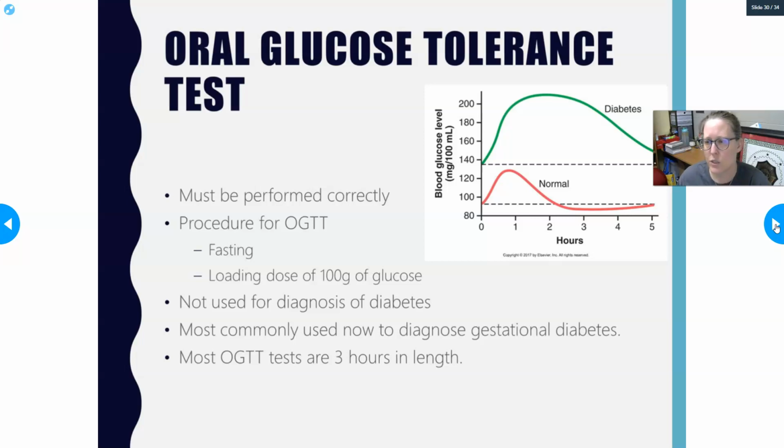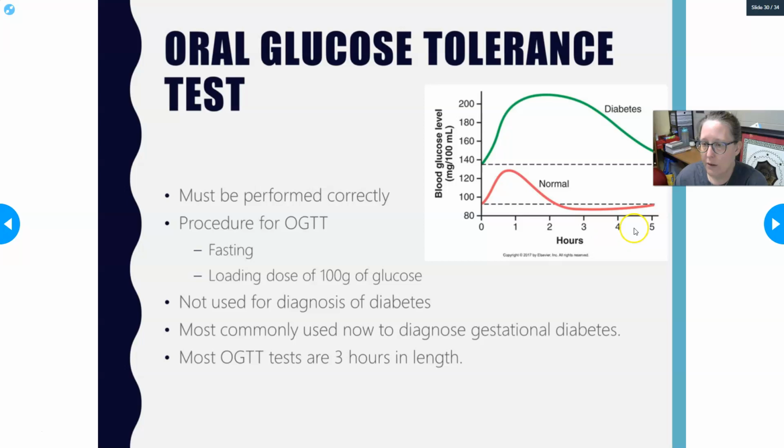They have to drink this really sweet drink. Before they get the loading dose, you do draw a fasting sample of glucose, and they drink the glucose drink, and then the blood has to be drawn at 30 minutes, 1 hour, 2 hours, and you can go 3 hours even. And so most of them are 3 hours in length.